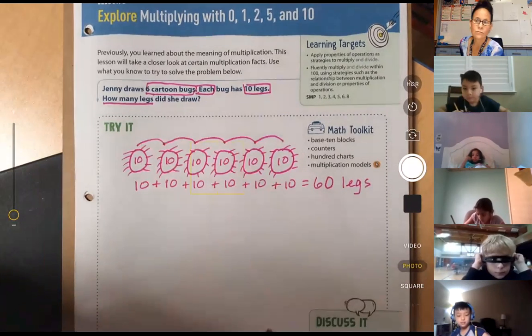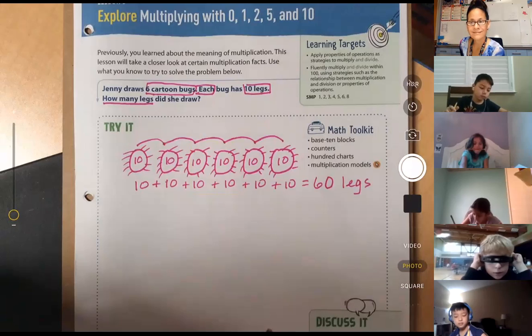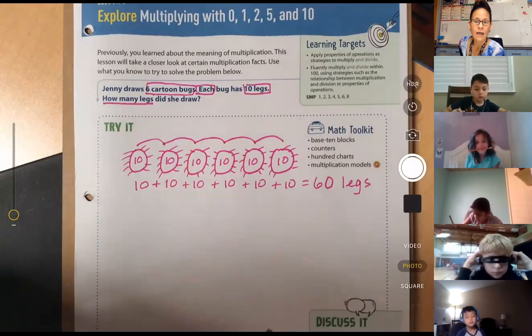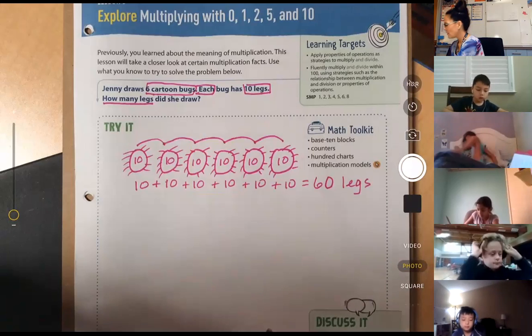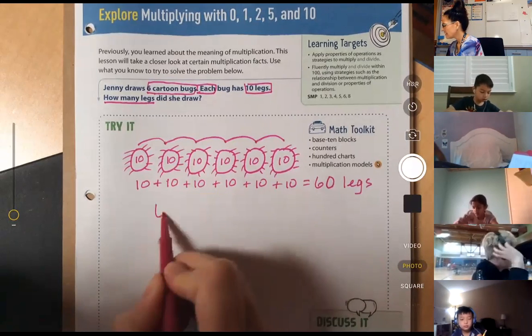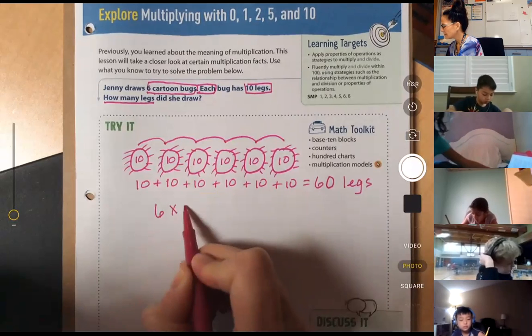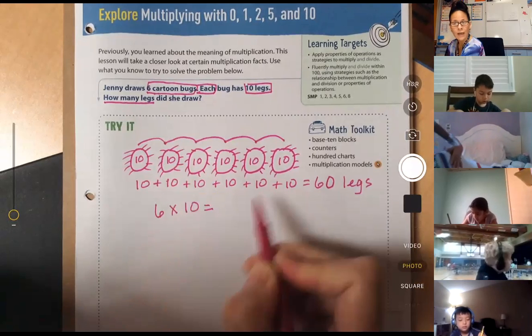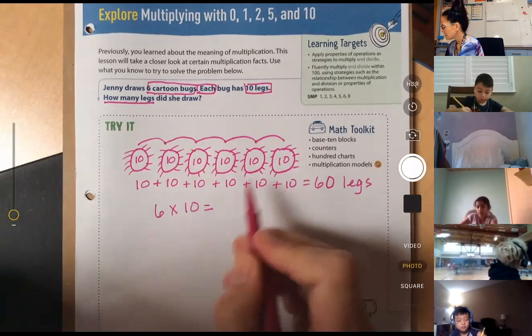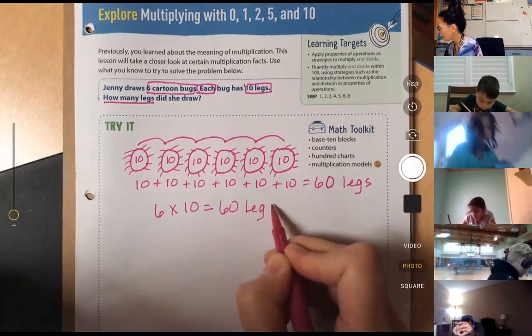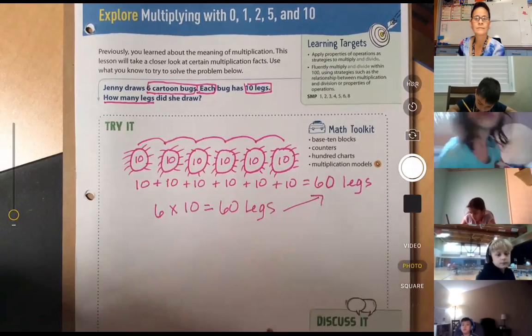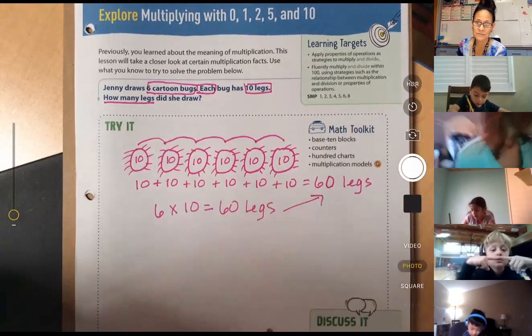We skip count. Another way we could take a look at this is we could say that we have 6 equal groups of 10. And of course, we get a product of 60 legs, which matches our sum from the repeated addition.